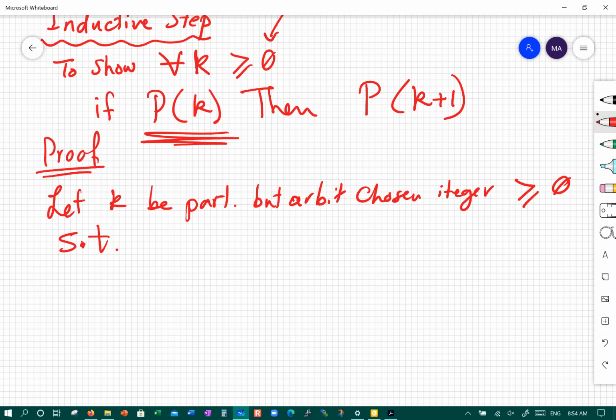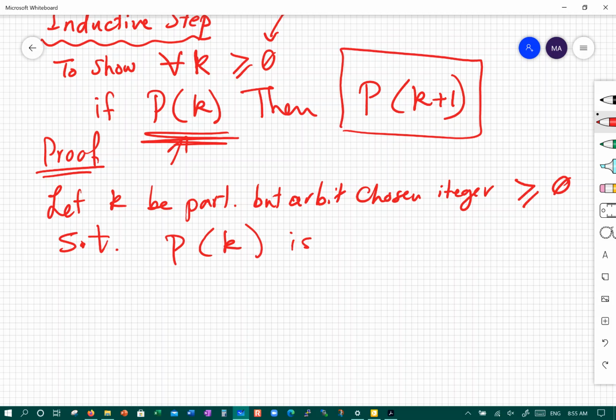That this is true, because this is an if statement. To prove it, you assume that the condition is true, and your job is to demonstrate that the conclusion is true, such that P of k is true, to show. So our mission, I'm being boring here, but you have to write this, is to show that P of k plus 1 is true.